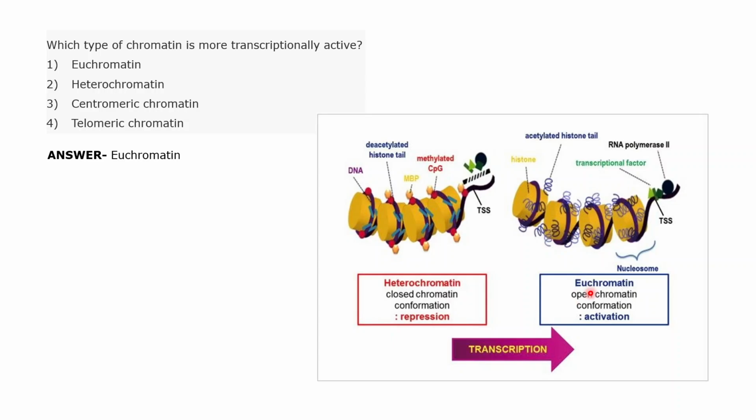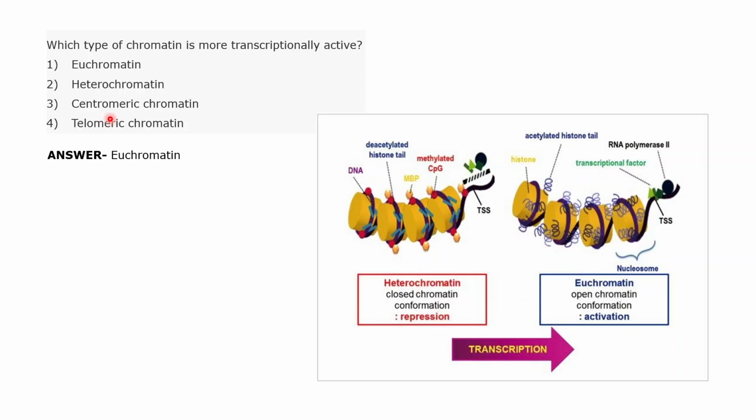When transcription needs to happen, the histone tail gets acetylated and the CpG islands are demethylated, leading to an open conformation where transcription factors can bind and initiate transcription. That stage is called euchromatin, and it is more transcriptionally active compared to heterochromatin.